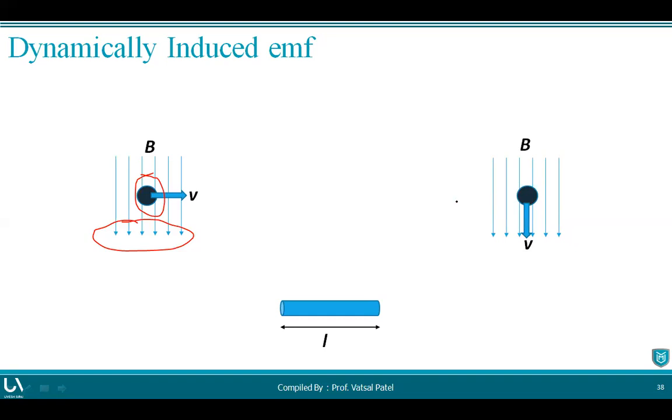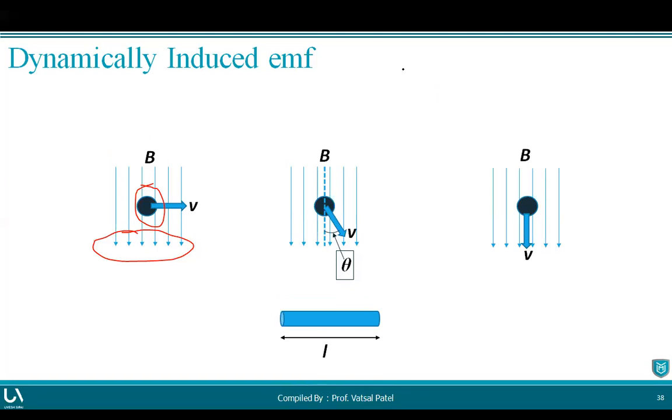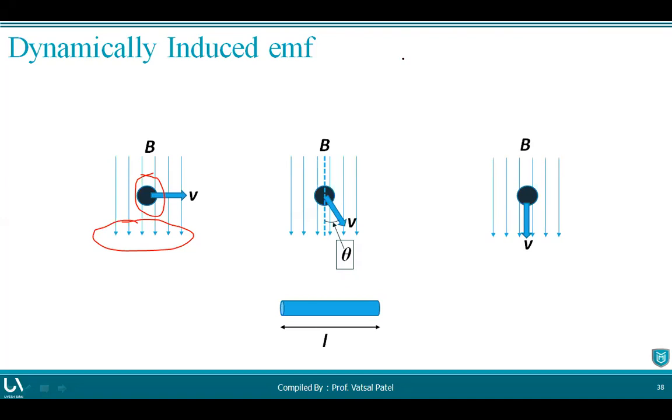But now if you see this third diagram, or we can say the center diagram, what do you understand from this? It is having some angle with respect to the reference.